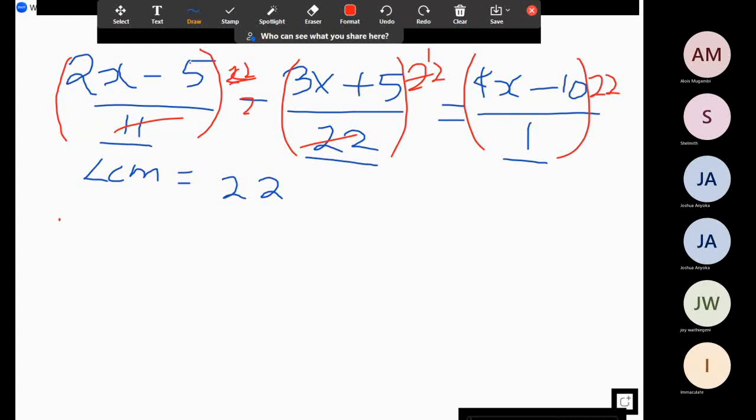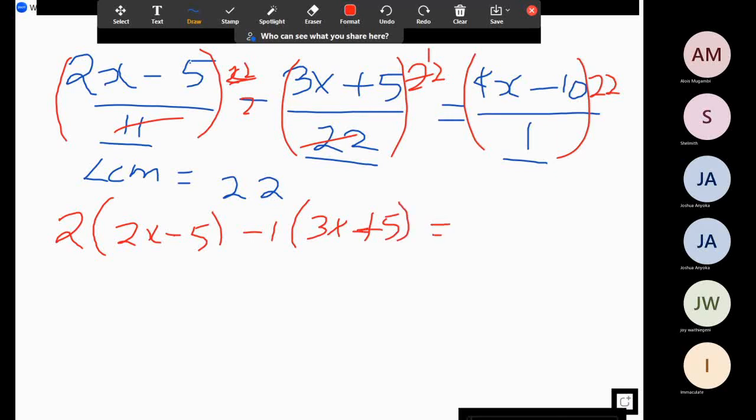You do the 2 into 2x minus 5 minus 1 into 3x plus 5 is equals to 22 into 4x minus 10.